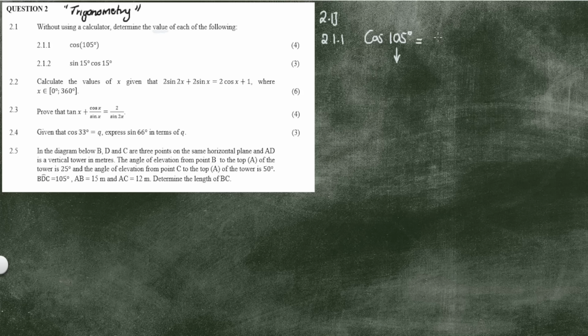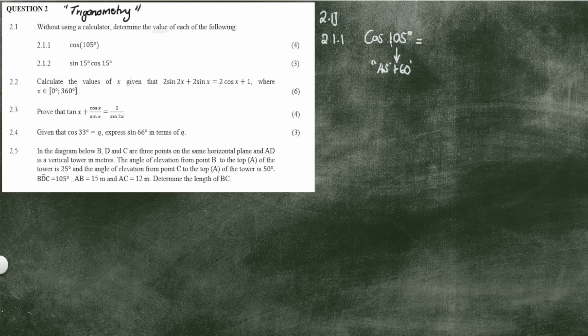So look, the 105 can be written as 45 degrees plus 60 degrees. Now how did I figure this one out? Just as an exercise, take out your calculator.